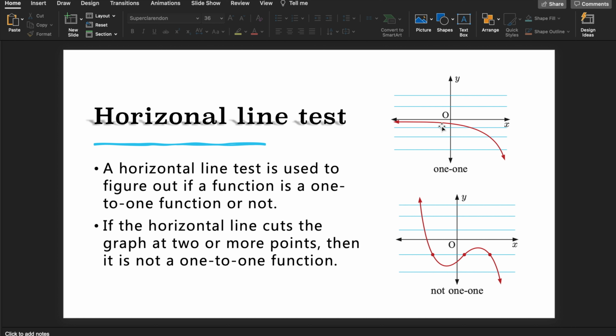So here it's only cut once, so it would be a one-to-one. Whereas over here, if we draw a line here, it's cut thrice, 1, 2, 3. Even over here, it would be cut twice. Therefore, it's not a one-to-one function, but rather a many-to-one function.